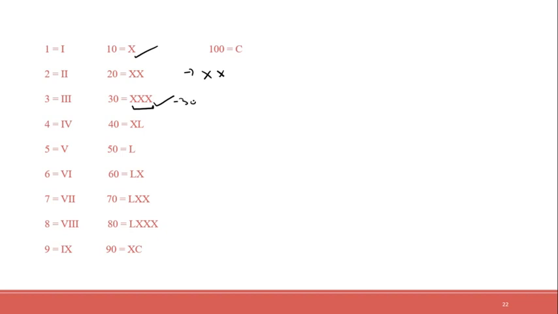So 30 is correct here. 40, it is X and L. That means 50 minus 10. It is 40. Similarly 50, 60 we will write 50 and a 10. That means 50 plus 10, 60.